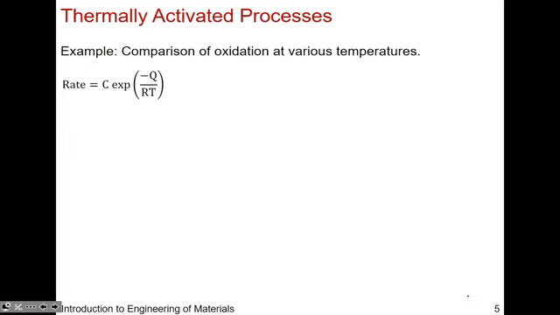Okay, so we'll do an example together where we can just look at the rate of oxidation. The way you deal with these types of equations when you're given an unknown is you write your set of equations. So here, some rate, in this example, it's oxidation, and we're going to look at oxidation rates at a variety of temperatures.